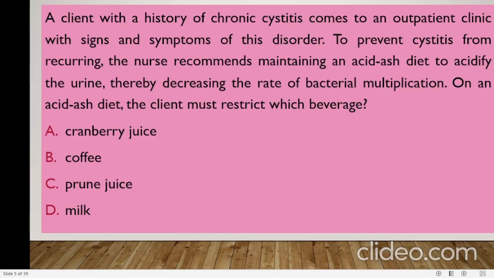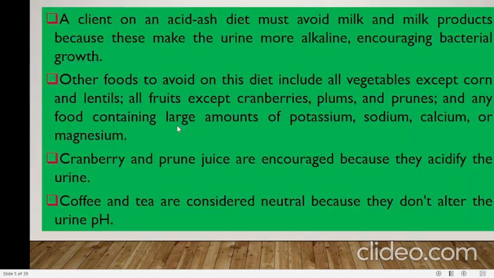That's why D is the correct answer. We have to limit milk because this one normally alkalizes the urine. So a client on this diet must avoid milk and milk products because these make the urine more alkaline, encouraging bacterial growth and multiplication.